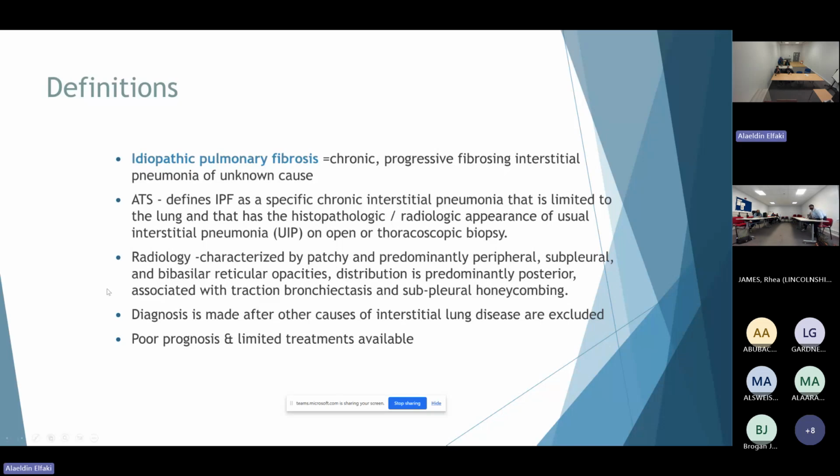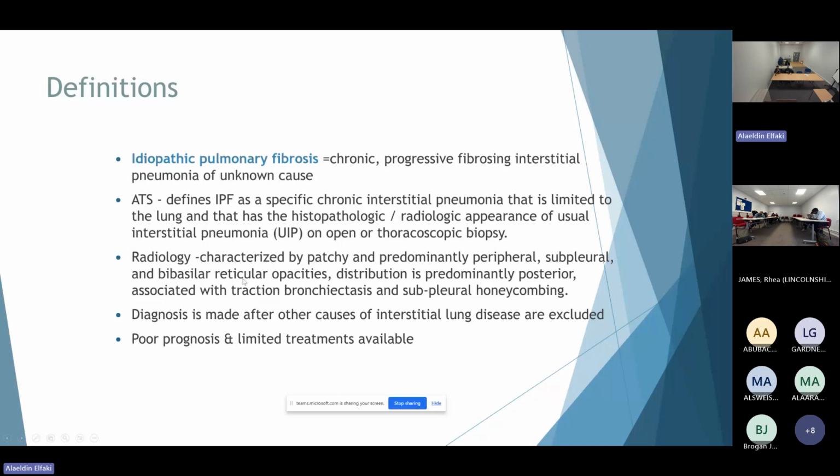So the ATS, which is the American Thoracic Society, defines IPF as chronic interstitial pneumonia that is limited to the lung and has histopathological and radiological features of usual interstitial pneumonia, or UIP. And UIP is a unique histopathology description of IPF on a lung biopsy.